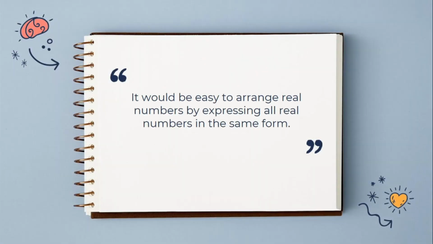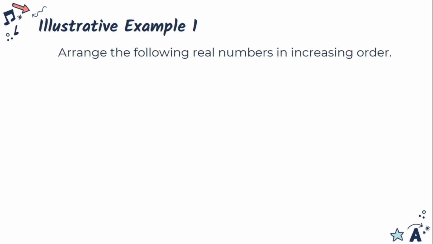Let's have an example. Sabi dito, reminder, na it would be easy to arrange real numbers by expressing all real numbers in the same form. So, gagawin daw natin is papalitan muna natin lahat ng real numbers ng binigay sa pare-parehong form. For example, illustrative example number 1, arrange the following real numbers in increasing order.